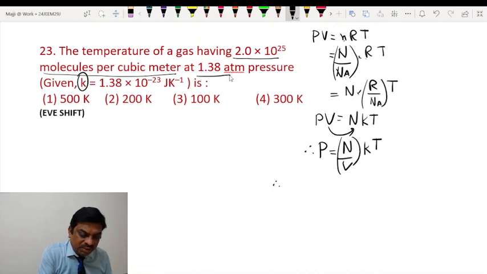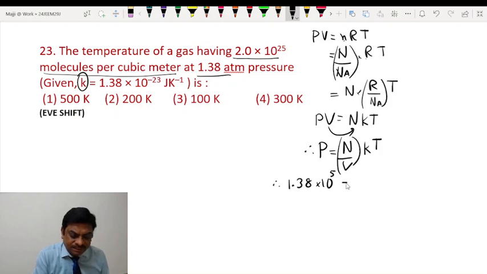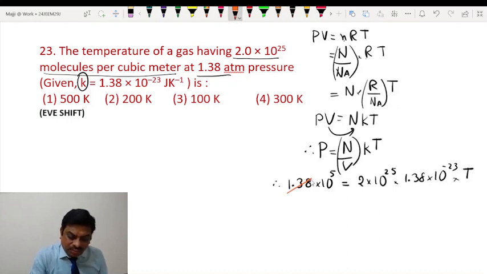So therefore pressure is given as 1.38 atmosphere. You can take atmosphere as 10 to the power 5 Newton per meter square. Number density per unit volume is given as 2 into 10 to the power 25. Boltzmann constant is 1.38 into 10 power minus 23 into absolute temperature. Remember we will be getting temperature in Kelvin scale. So 1.38 gets cancelled both sides.